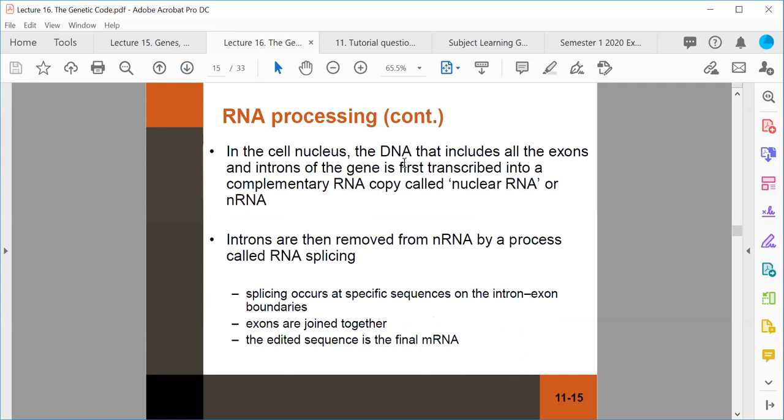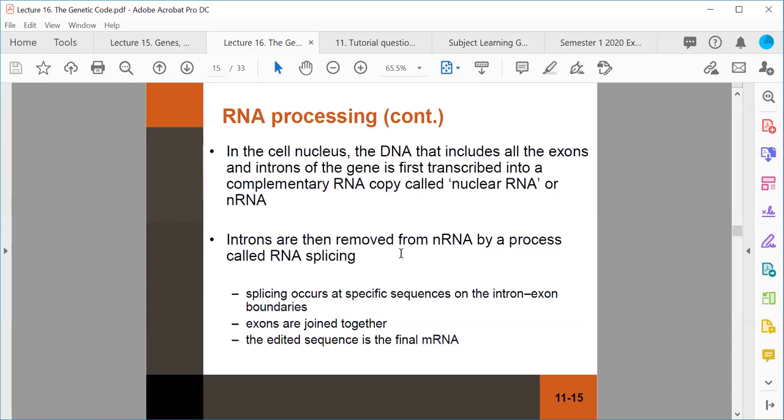So in the cell nucleus, the DNA includes all the exons and introns of the gene. That DNA is first transcribed into a complementary RNA copy called nuclear RNA, or pre-RNA, if you like.